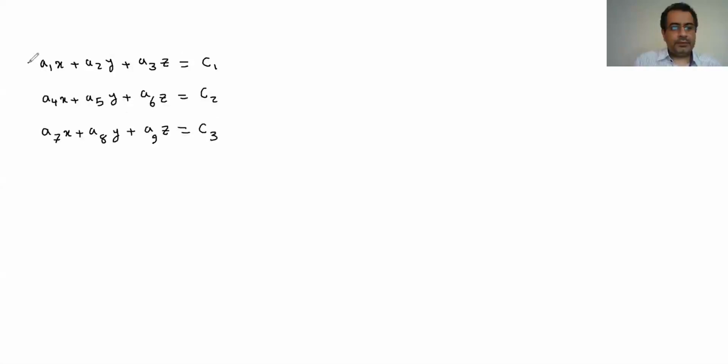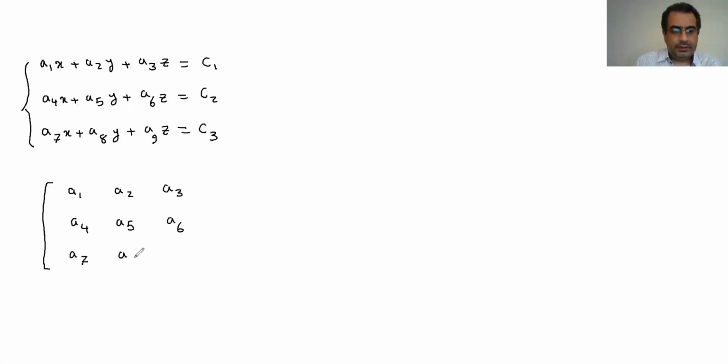So assume I have a set of equations like that. What I can do is write them in a matrix format like this. The coefficient matrix is going to be A1, A2, A3, then A4, A5, A6, then A7, A8, A9.